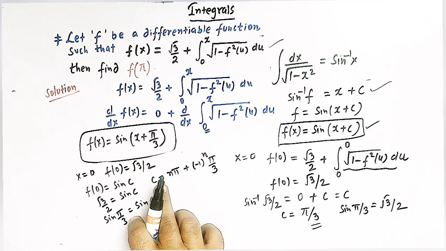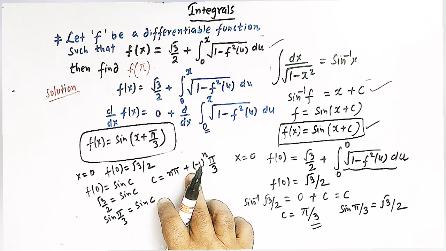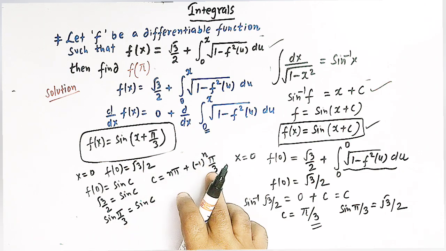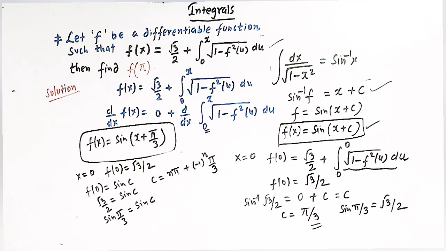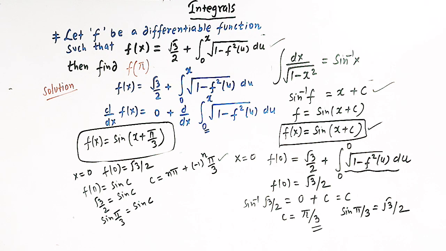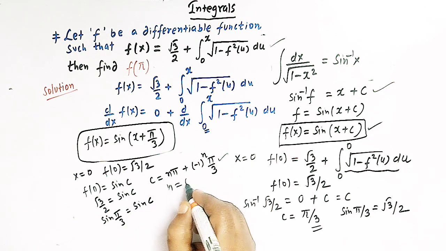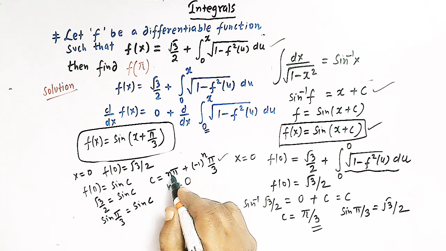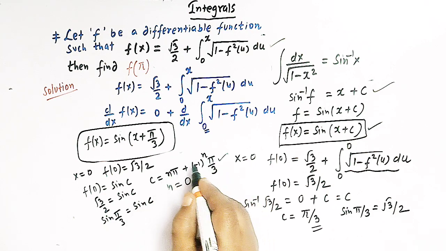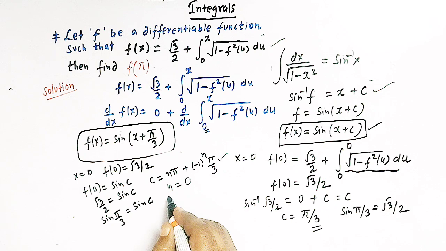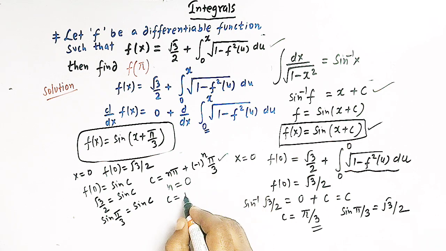So in that case, c is given by n pi plus minus 1 raised to n pi by 3. So in the present case, we have just considered the value of c corresponding to n is equal to 0. So when we take n is equal to 0 in this general solution, then the value of c is simply given by pi by 3, right?